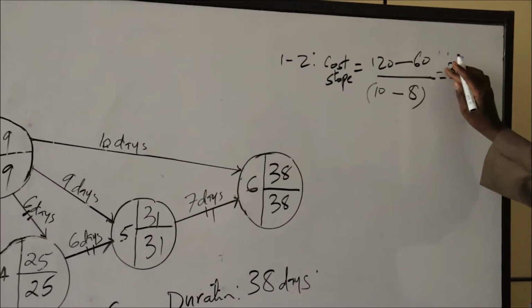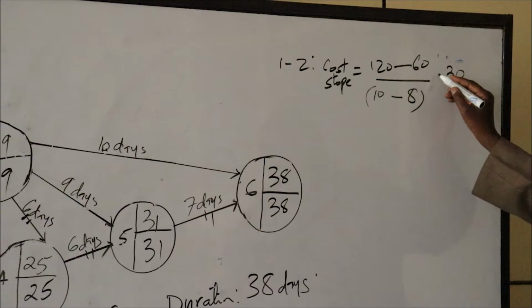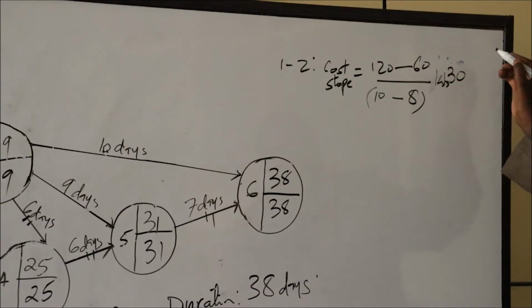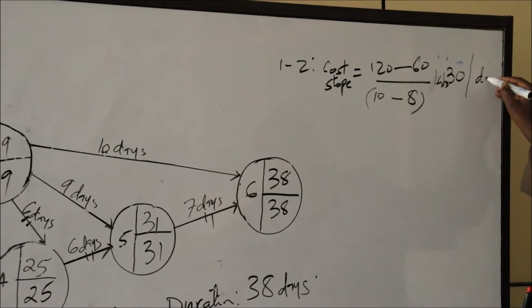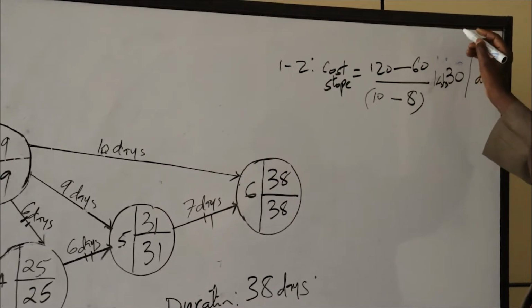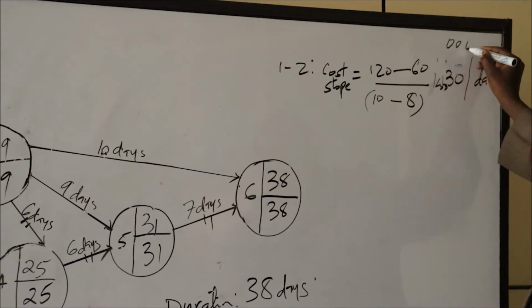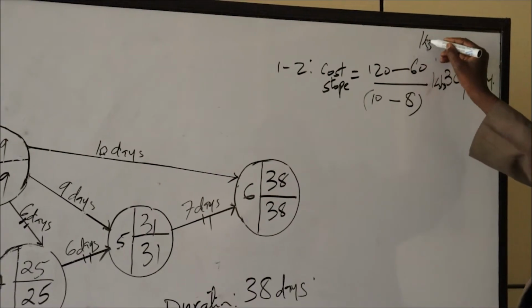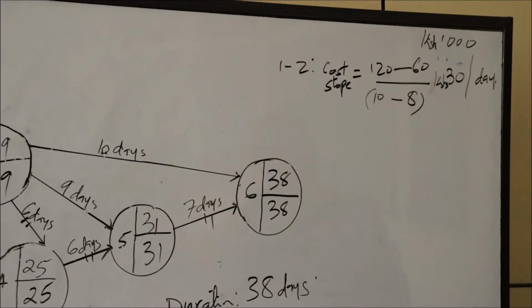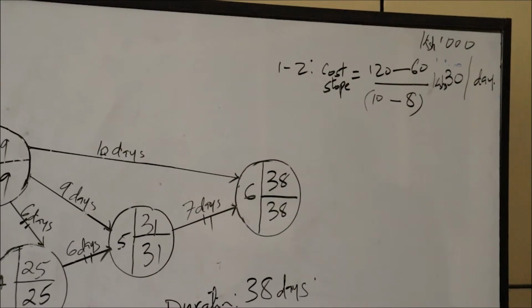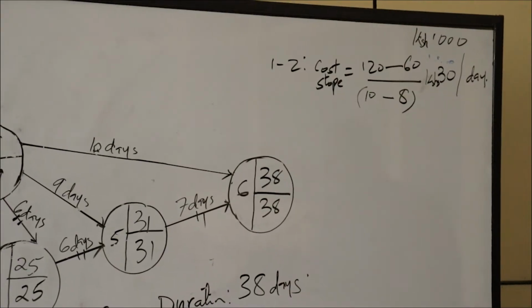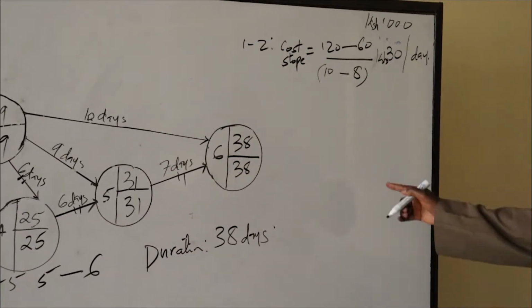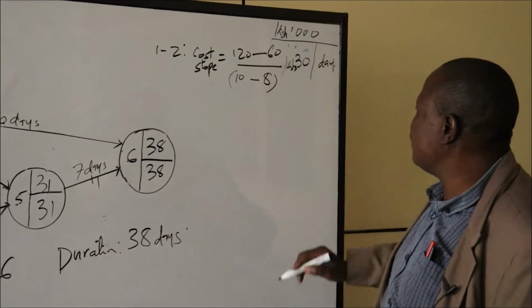And this one is Kenya shillings 30 per day. But these ones are existing in thousands of Kenya shillings, which we are going to include when we are adding. So these ones are existing in thousands.